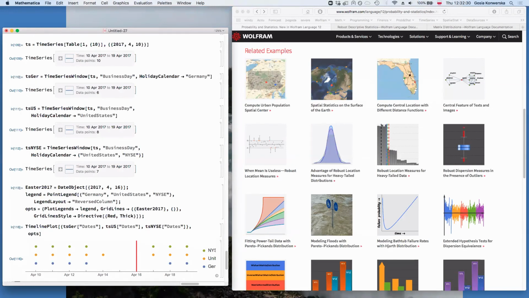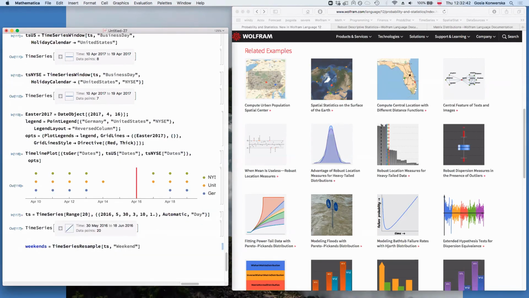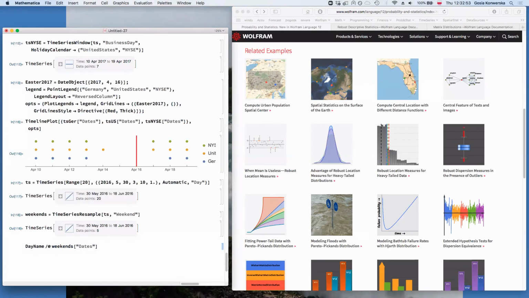Okay, for the time series resample, let's create another time series, which is a bit longer this time. And we can, for example, specify just weekend as our day specification for the time series resample and extract the weekends, and to check, find the day names on the dates for this time series.